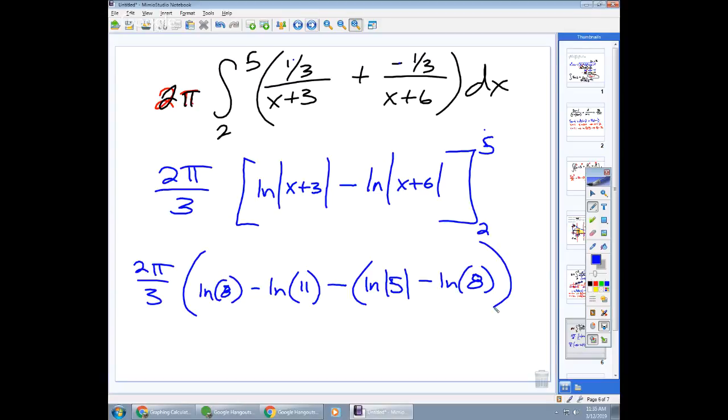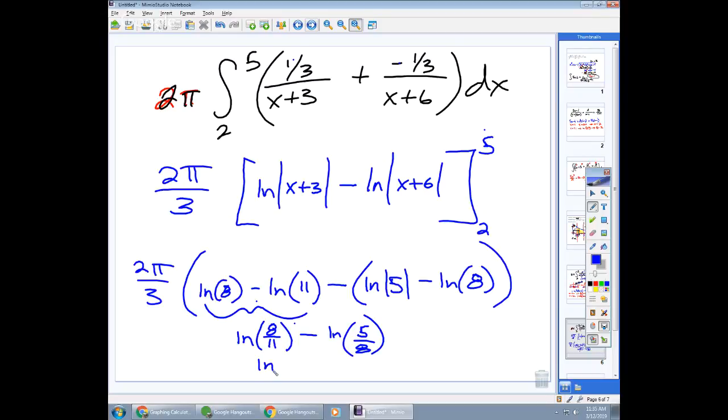Could we clean this up into a nicer answer? Yes, sure, just for fun. If you subtract two of the same logarithm, that's like dividing their arguments. So these two could become the natural log of 8/11, minus, do the same thing there, the natural log of 5/8. And then I can do that one more time because I have another subtraction.